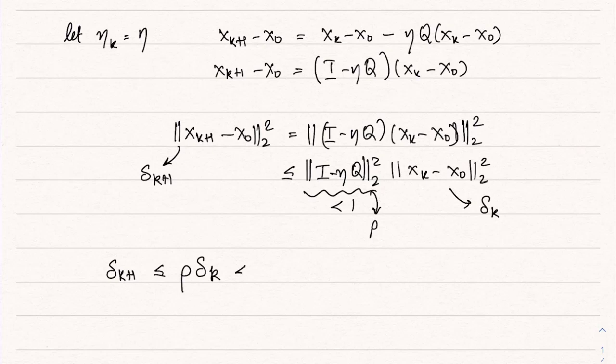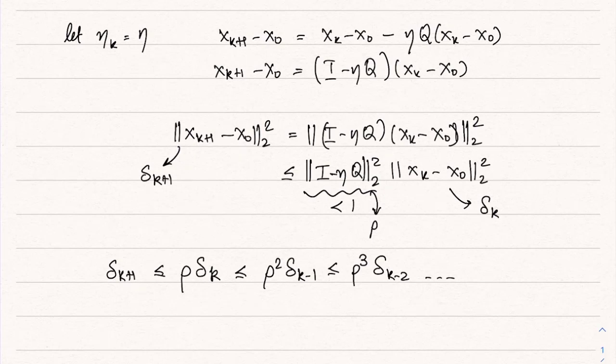So in the same way this is less than or equal to rho squared times delta_{k-1}, and this is less than or equal to rho cubed times delta_{k-2}. And you can continue all the way to your initialization, which was delta_1. So you would get rho raised to the power k times delta_1.